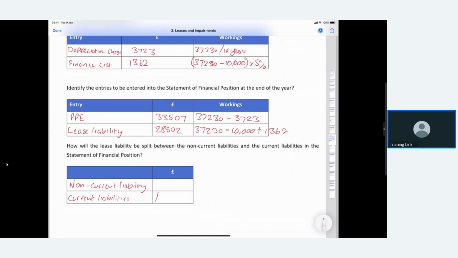That would be 10,000, as the lease payment is £10,000 yearly. And then the remaining amount, so we're basically taking this here, splitting it. So it would be 28,592 less 10,000, which will be paid within the next 12 months, leaving you with 18,592.